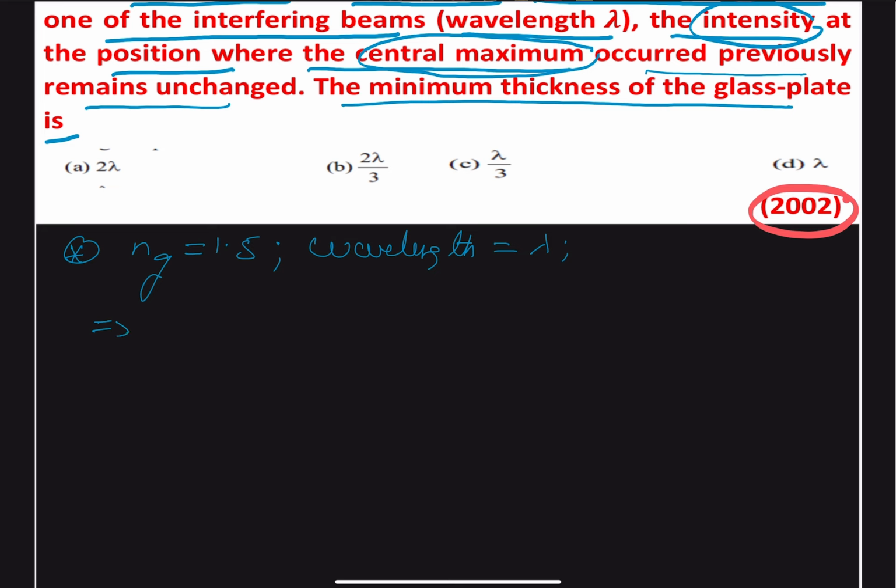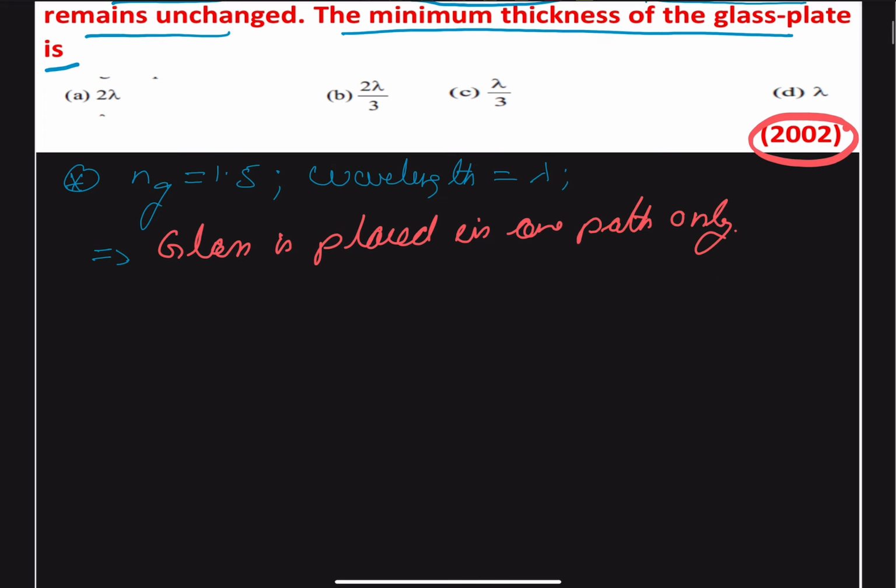The glass is placed in one path only. And secondly, the important condition is that the central maxima remains unchanged.